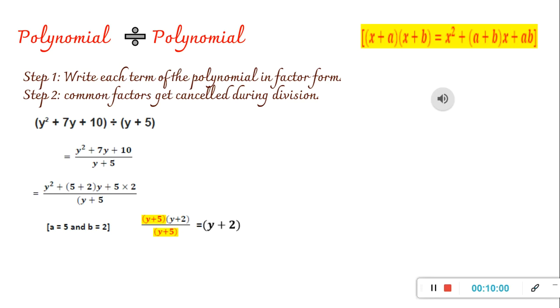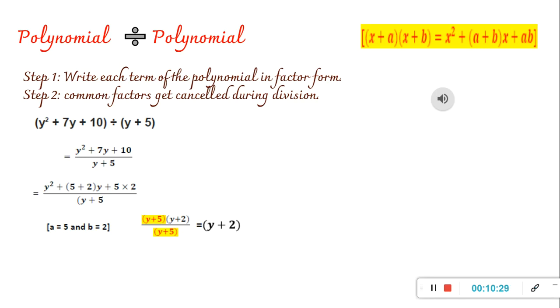Now remember one thing. In this case, y plus 5 and y plus 5 could be cancelled because both of them were factors. Both of them were in the form of multiplication, in the numerator and the denominator. But if instead of this you have something like y plus 5 plus 1 upon y plus 5, in this case, can you cancel the y plus 5 and y plus 5?